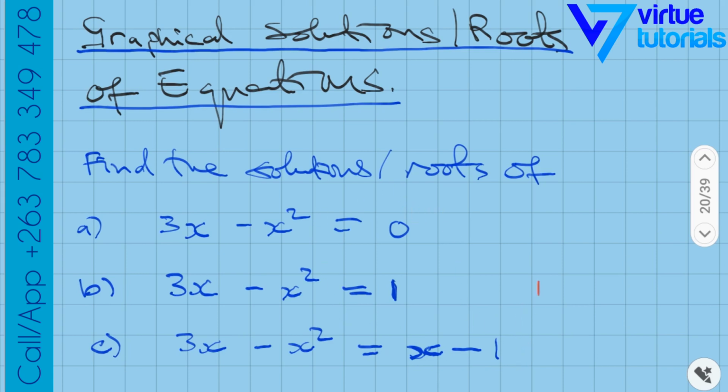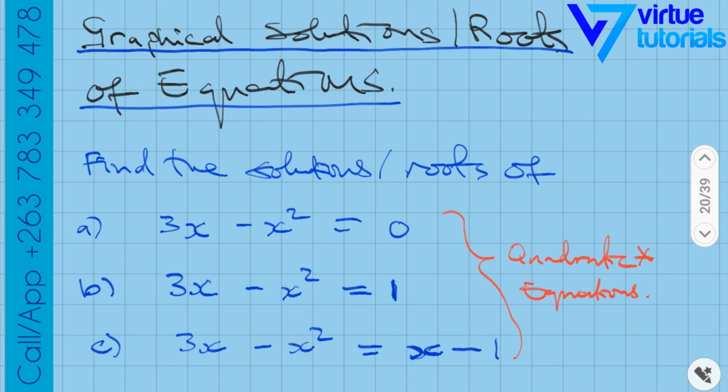Now these equations that we have here are simply quadratic equations. And we know for an expression to be called quadratic, the unknown must have a squared.